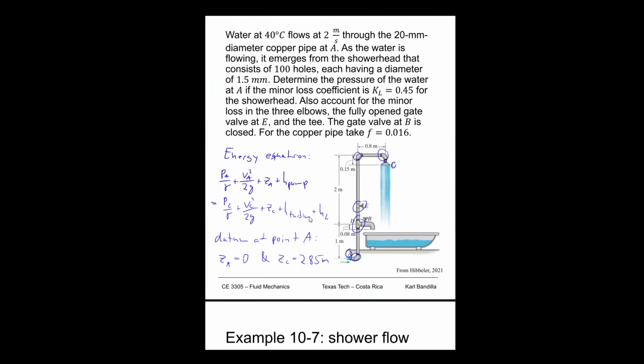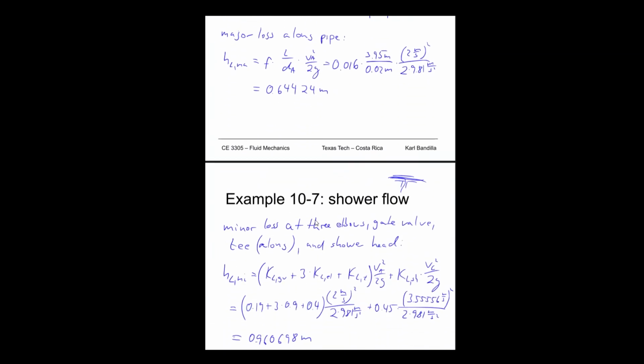All right, let's go back to our energy equation. We are looking for PA. We have PC, VA, VC, the elevations, and all the H's, so we're ready to go.